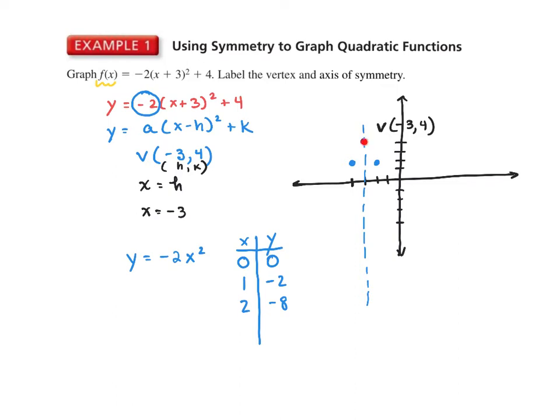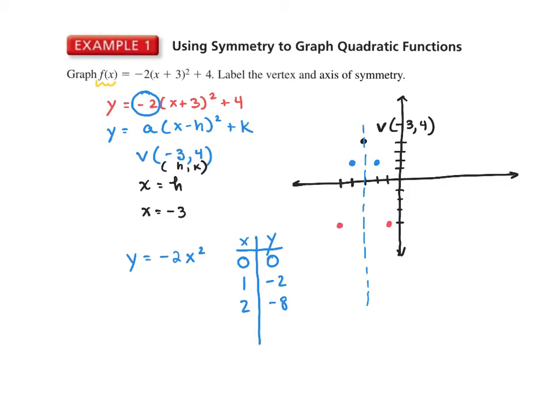So I've gone over 2 from my vertex and down 8, and I'm going to have another point right there. So let's put a point down there. And then symmetry tells me I'll have one on the other side of that axis of symmetry, perfectly even with it, right about there.